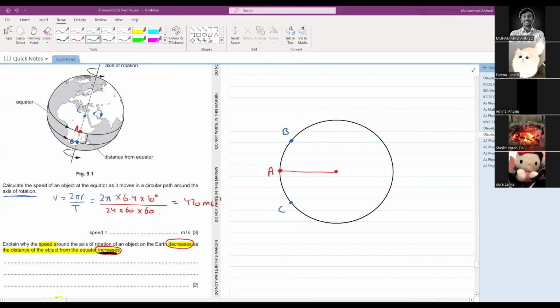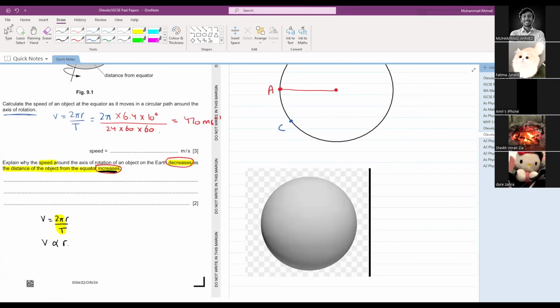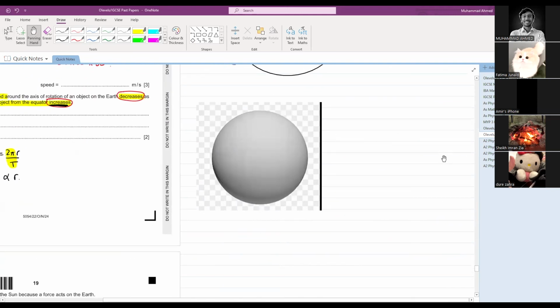Let me bring a sphere here. Yeah, here we have it. It wouldn't be visible in a circle, but in a sphere it will be clearly visible. If you are at this point, your radius will be this.